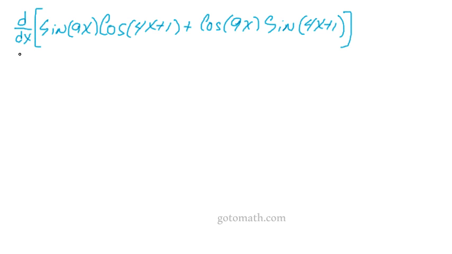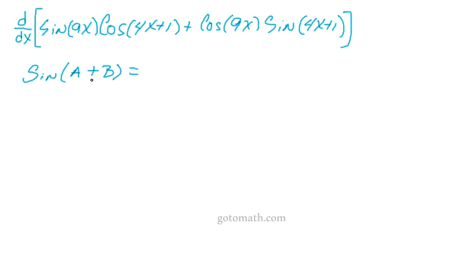This is something that you had to have remembered back in your trig class, and that is we're going to be using the sum of two angles, and that's the sine of a plus b. That's basically what this is expanded out. So let's take a look at this.